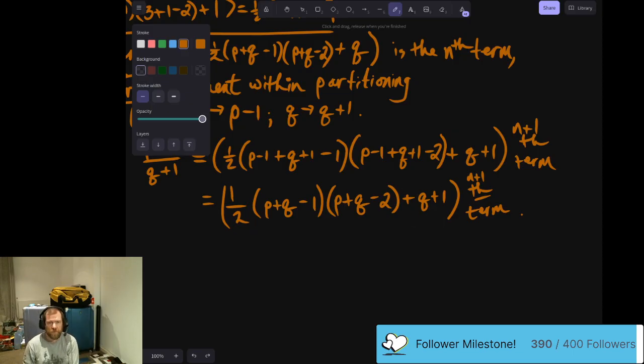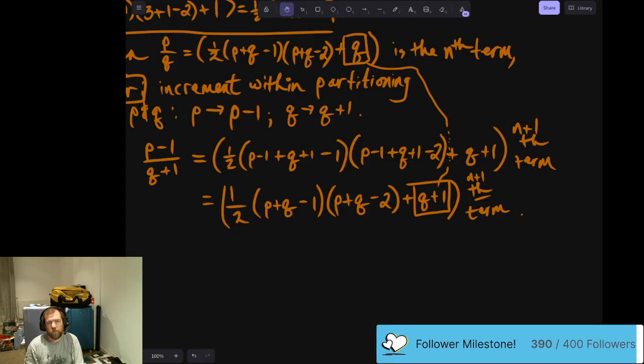That's the only thing that's different between these things. So if we're within a partitioning, then we end up just adding 1 to Q in terms of its individual position, and therefore we get what we're looking for.